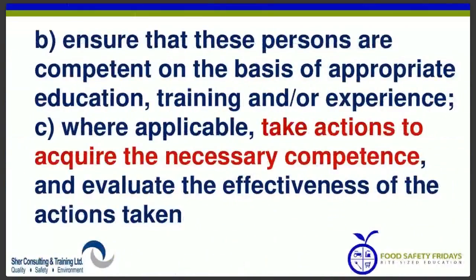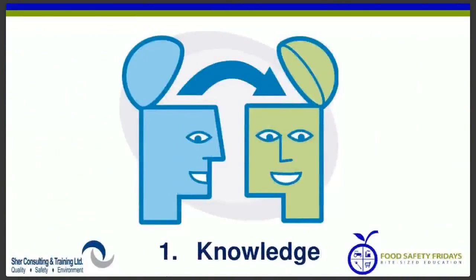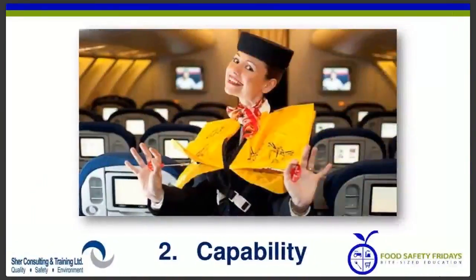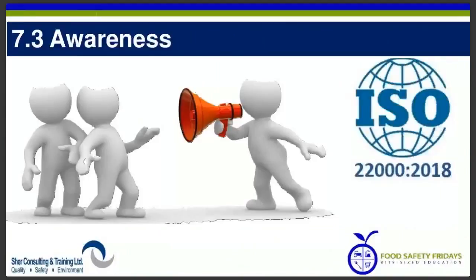So when we must take actions to acquire necessary competence and evaluate the effectiveness, this is the methodology I'm going to be talking about later. So take actions and evaluate, we're going to be talking about methodology. Right now I still want to go back to content. So number one is knowledge. Number two is capability. These are two things that we're going to be delivering.